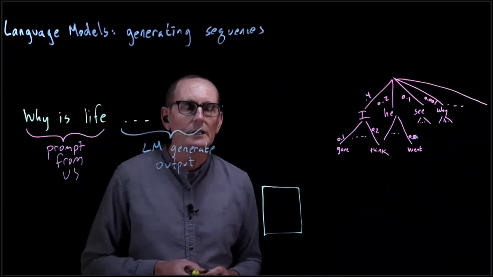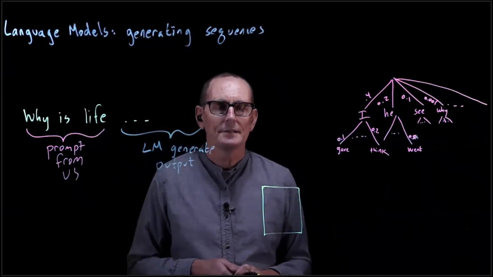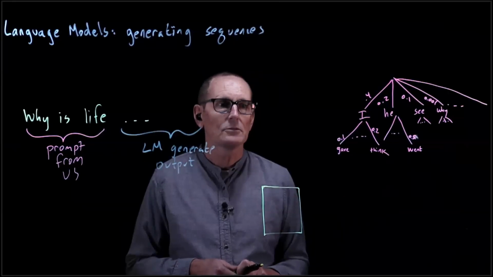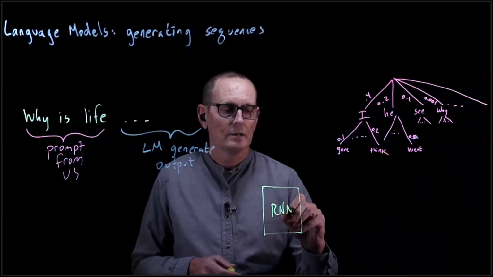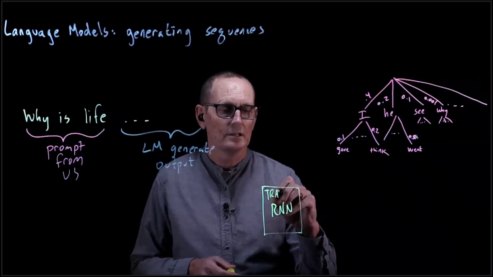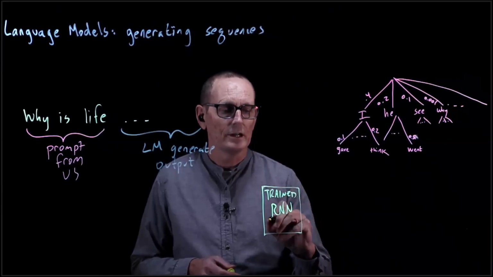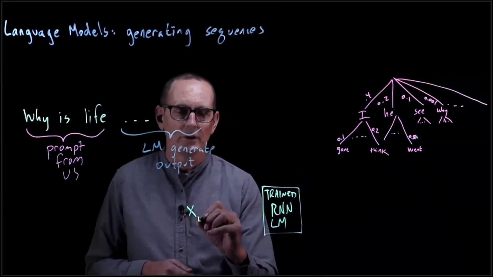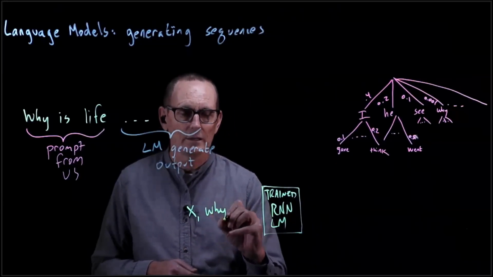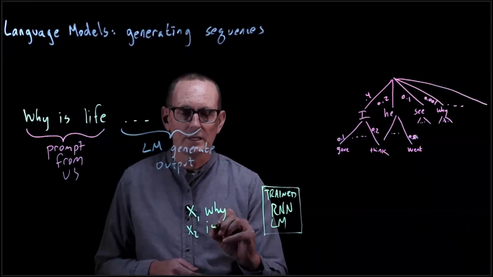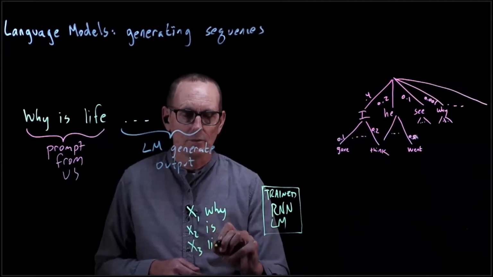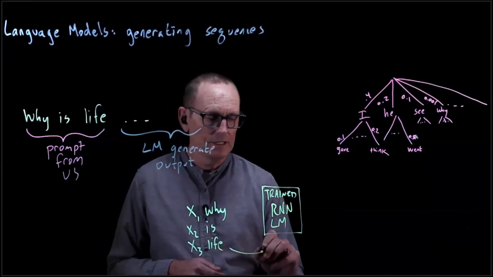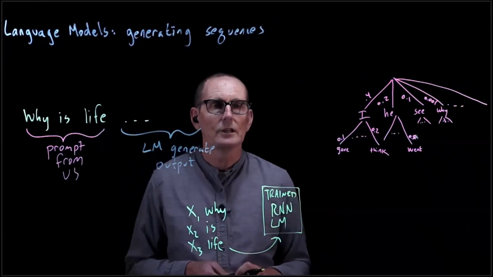What will we use as X1, X2, X3? So this is our trained RNN language model. Yeah, so X1 is going to be "why," X2 will be "is," and X3 will be "life." We're going to feed these all into the recurrent neural network.